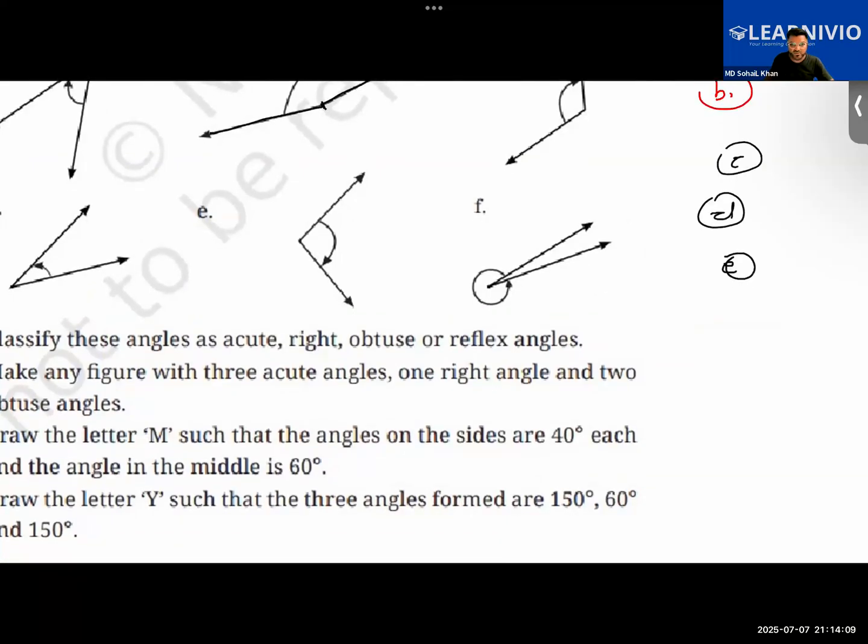99, you're saying. Okay, what about the others? Measure it with the protractor. How much are you getting, Habib? Wait, can you zoom it in a little bit, sir?